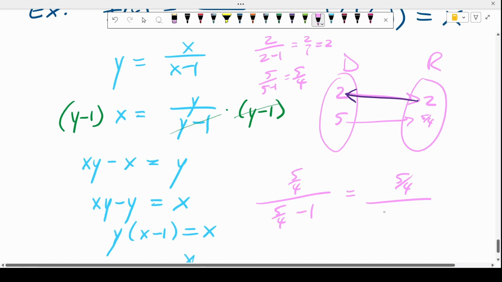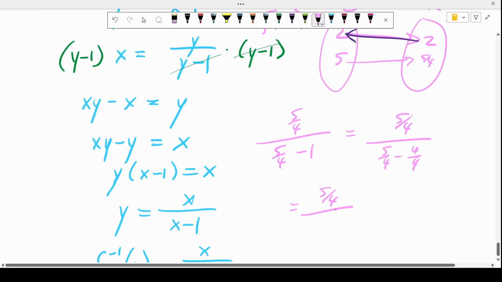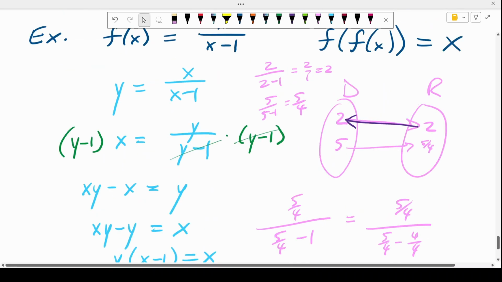That's 5 quarters over 1 quarter. 5 quarters divided by 1 quarter, which is 5 quarters times 4 over 1, which is 5. So f of 5 quarters is, in fact, 5. It maps back to where it started.